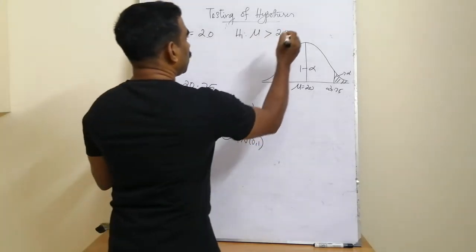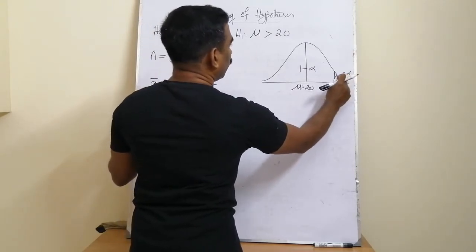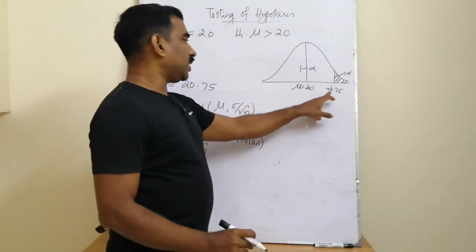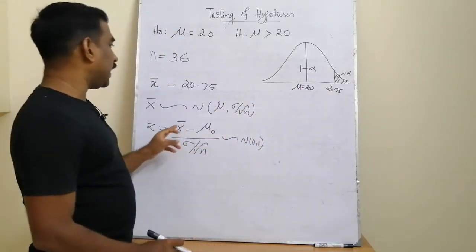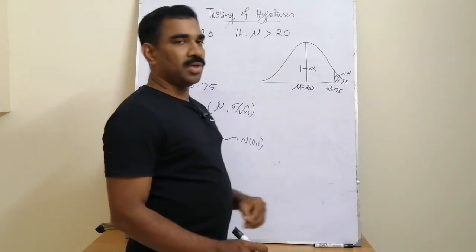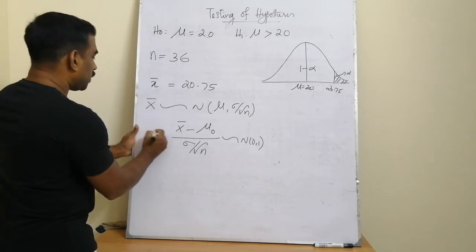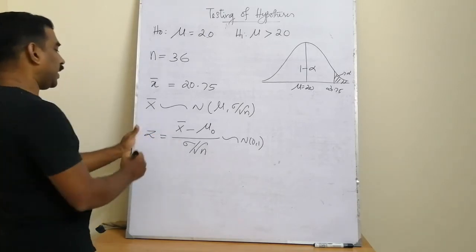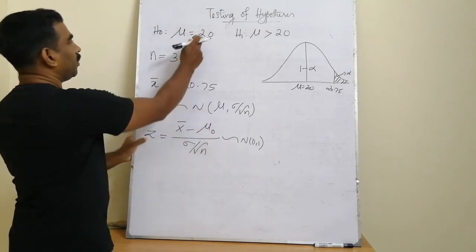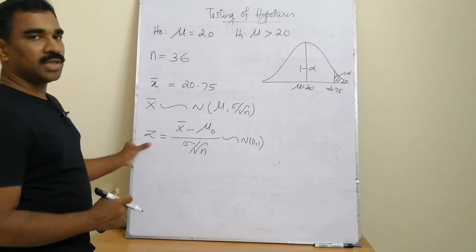And this alternative hypothesis is called one-tailed because we are computing the probability of rejection of the null hypothesis if the sample mean value is greater than 20.75. And we are using this sampling distribution of the sample mean, and this value z is equal to x bar minus mu naught. Here mu naught, we can replace by 20, and this is called the test statistic value.